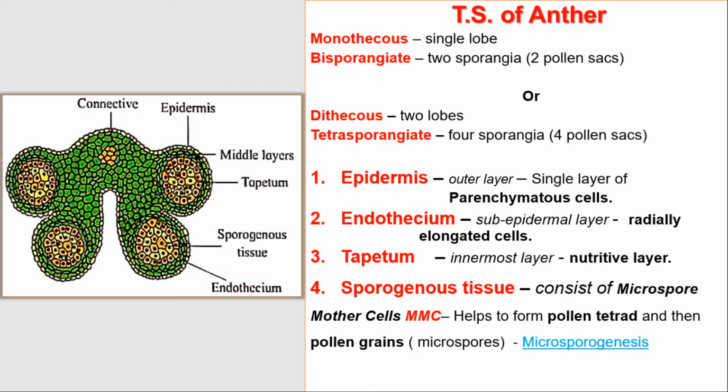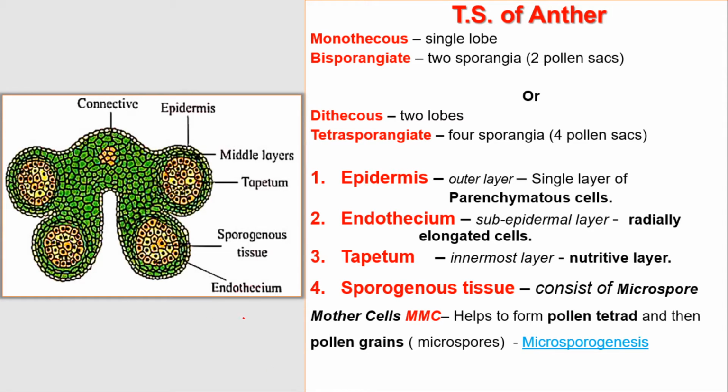Now coming to the parts in the tiers of anther. The first part is the outermost part, that is epidermis. Epidermis is the outer layer of the anther. This epidermal layer is made up of parenchymatous cells.